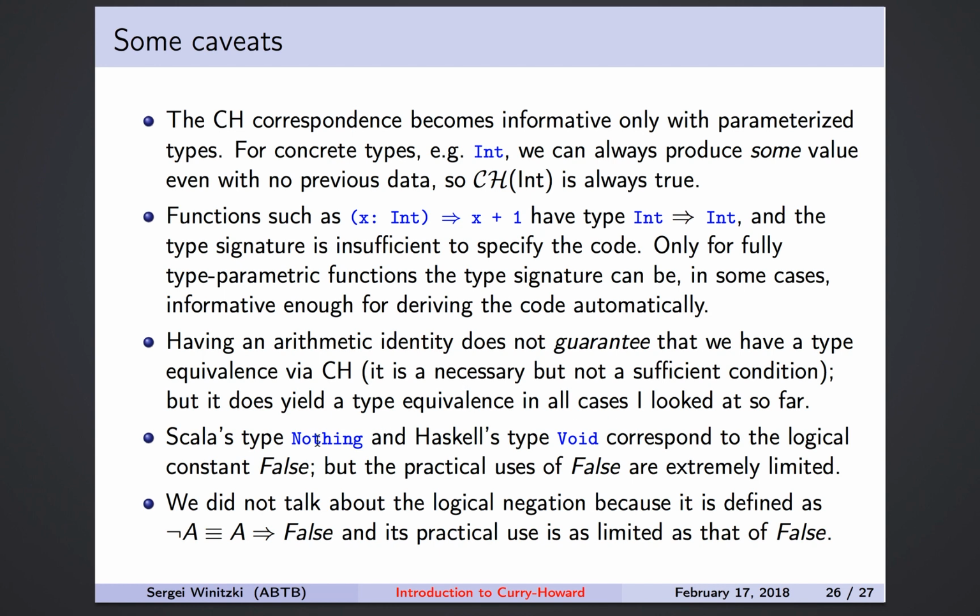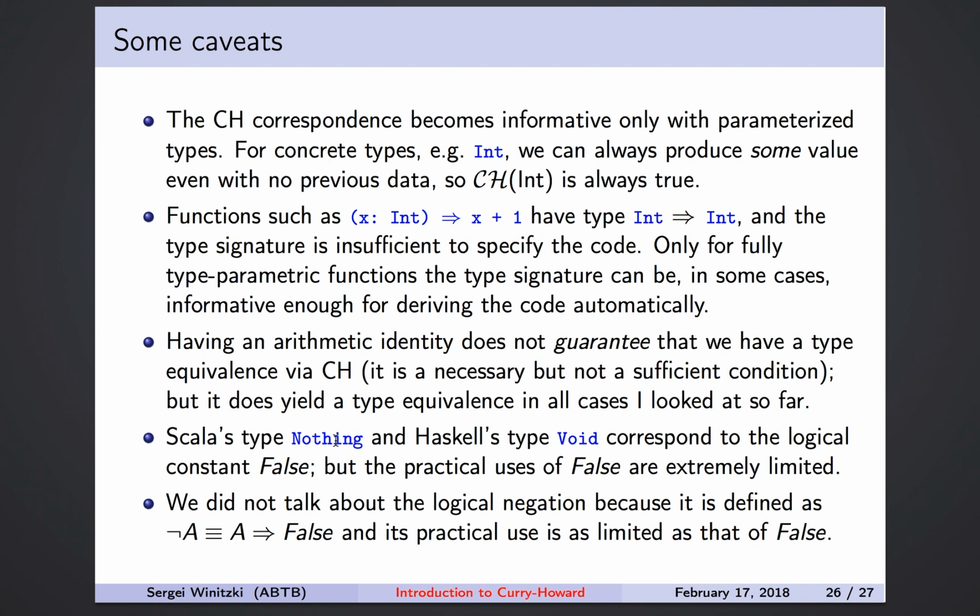Final remarks about type correspondence. The logical constant false did not appear in any of my slides so far. This was on purpose. It has extremely limited practical use in programming languages because actually we have types corresponding to false.